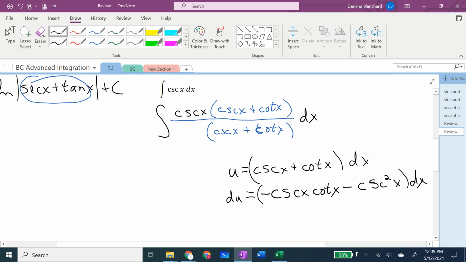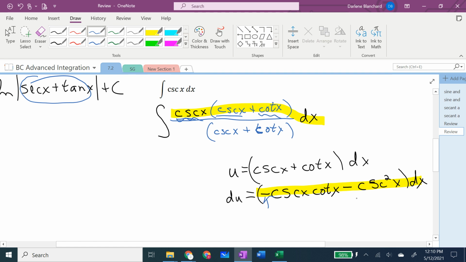And can you see that that is the numerator times negative 1? When I distribute cosecant through that numerator, I am going to get cosecant squared plus cosecant times cotangent.